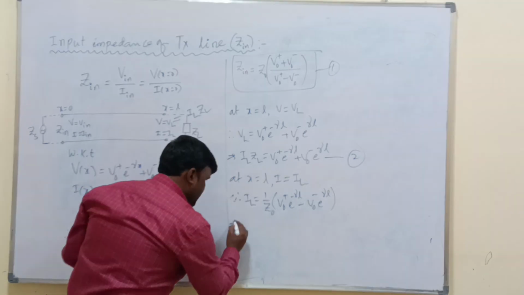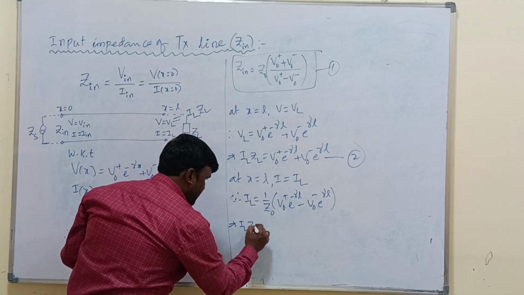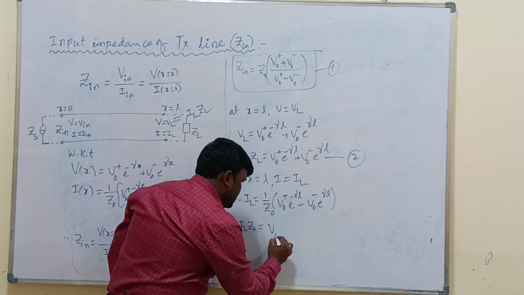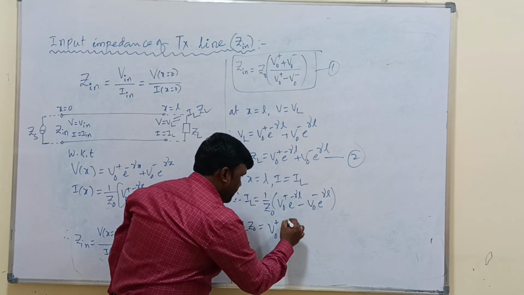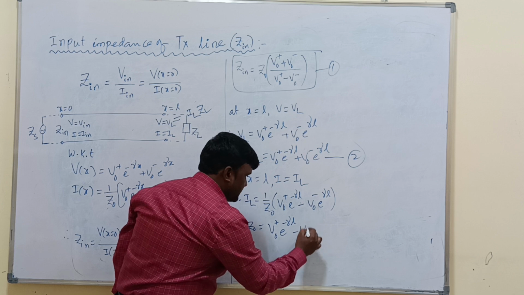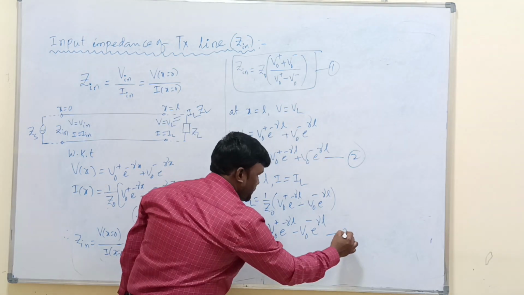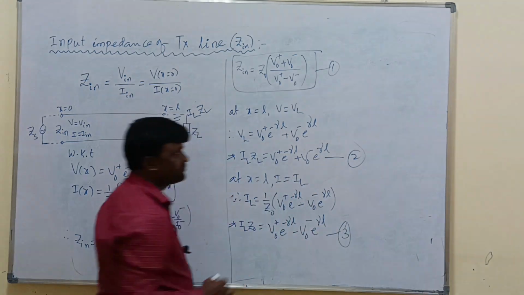So now I am writing this one like this: IL into Z naught equals V naught plus e to the power minus gamma L minus V naught minus e to the power gamma L. So this is equation number 3.